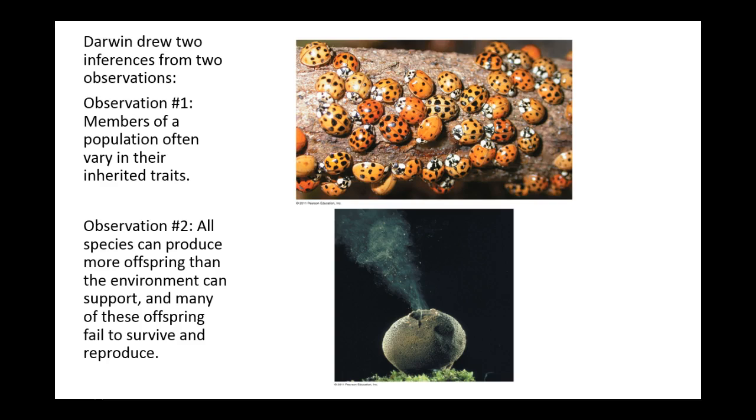But Darwin came up with two observations, and the observations are important that you have in your head. One is that members of a population often vary in their inherited traits. So if you look at these ladybugs or lady beetles, they have a wide variety of color, all within kind of that orangey hue, and a wide variety of spots.